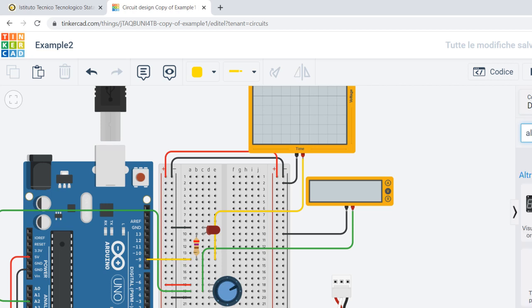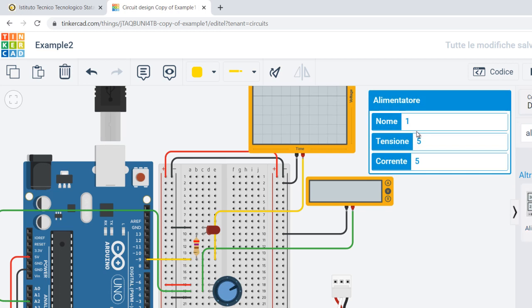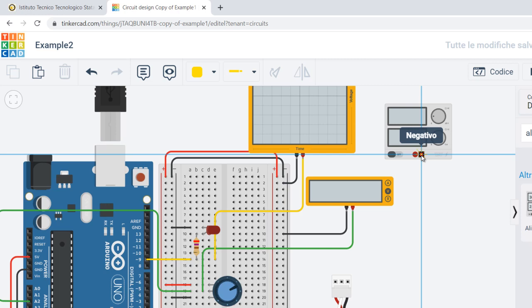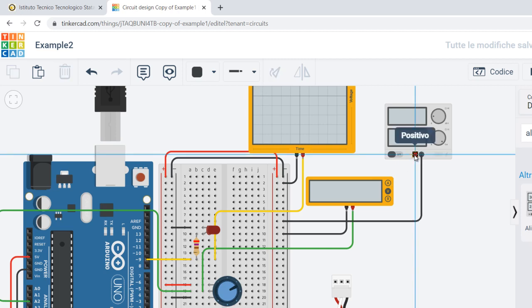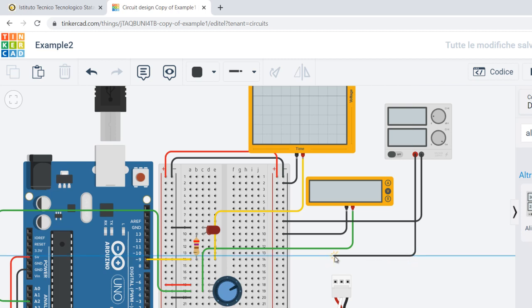So we have an external power supply. We can put it at 5 volt. We have to be sure that the ground of the external power supply is connected to the ground of the Arduino board to be referred to the same potential. Next, we can supply our servo motor with the external 5 volt power supply.